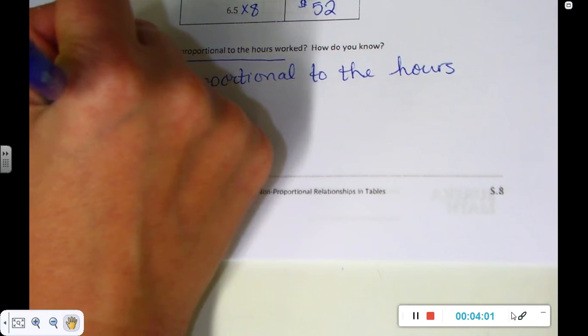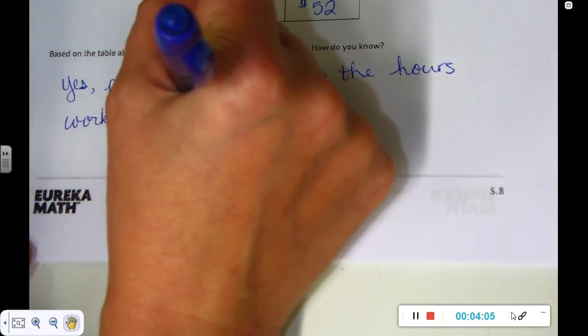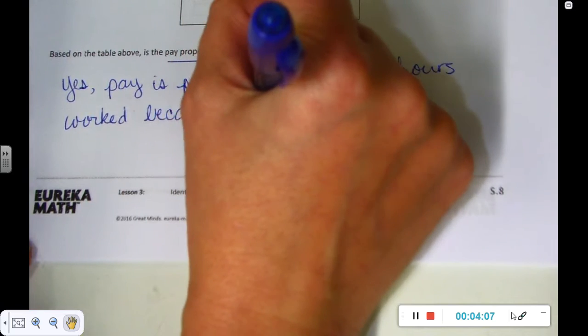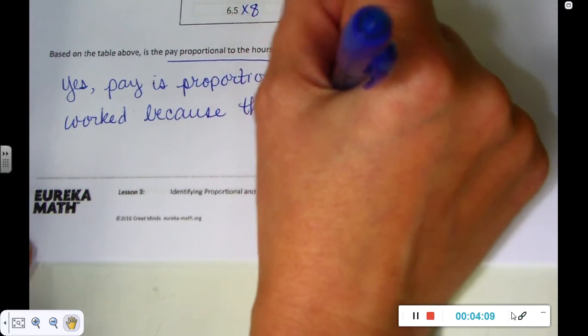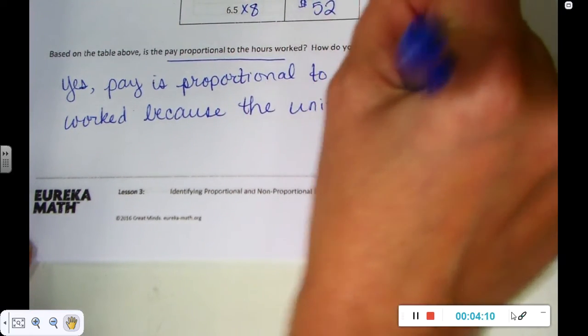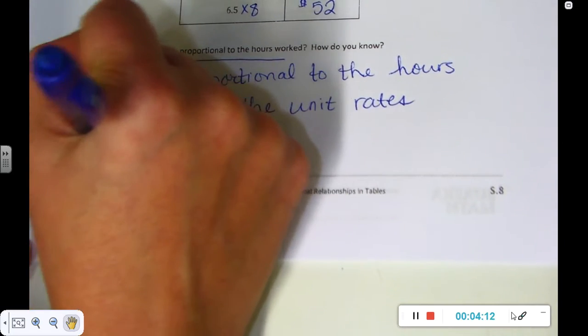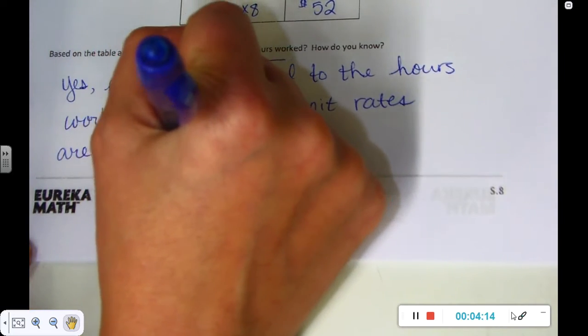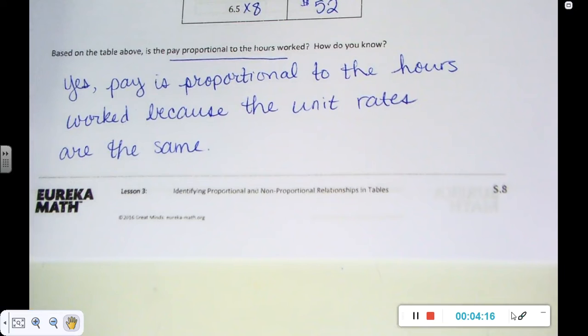And then it asks us how we know, and it's because the unit rates are all the same. So it's proportional to the hours worked because the unit rates are all the same.